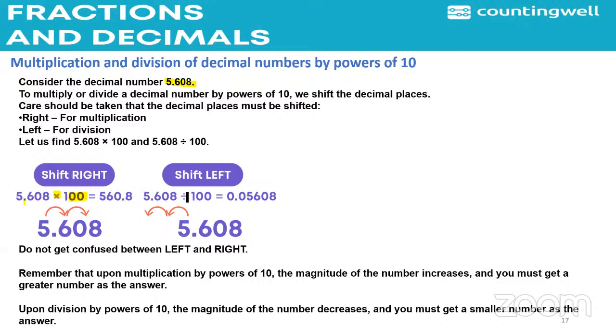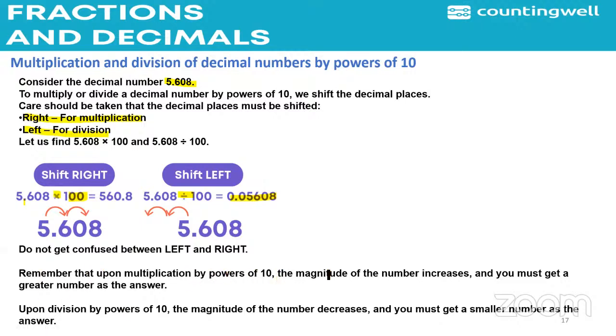So we have 560.8. And in case of division, we will shift it to the left side. So we have here 0.05608. So right for multiplication and left for division.